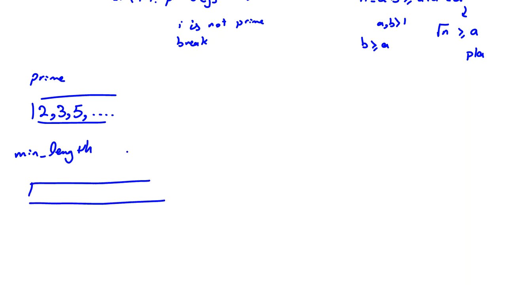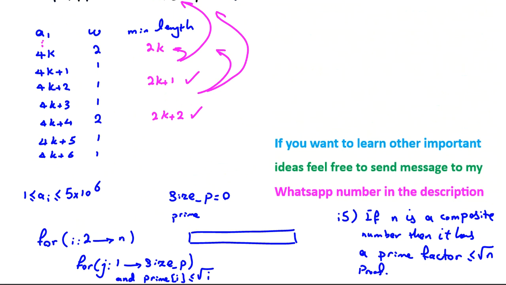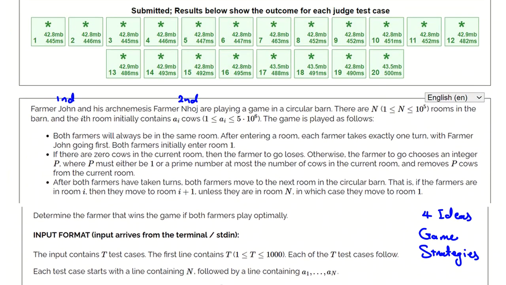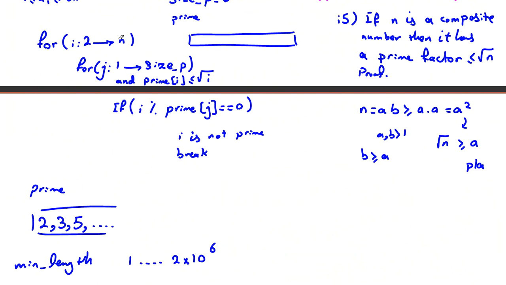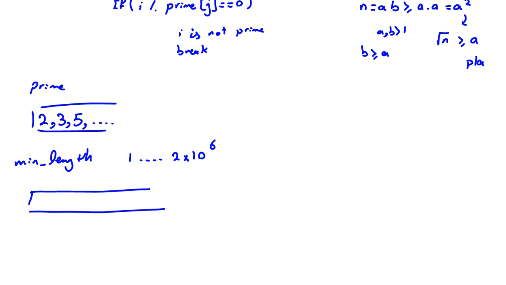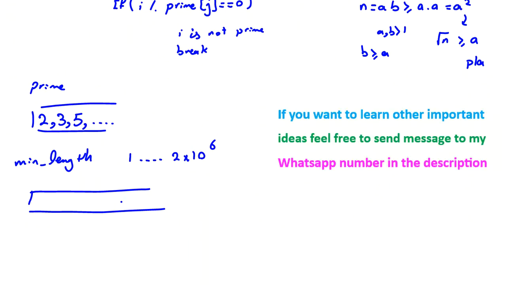You check again from 1 to 5 times 10 to the 6, and for this one also we should check up to 5 times 10 to the 6 for each of them minimum length.